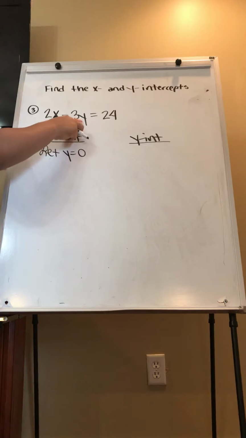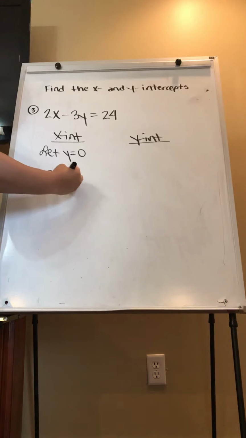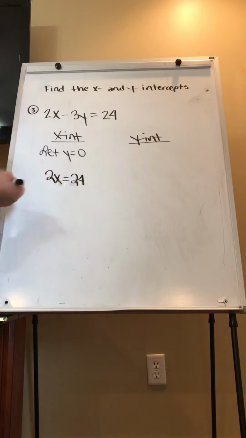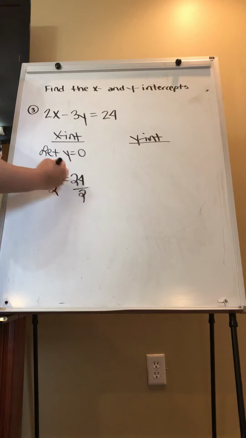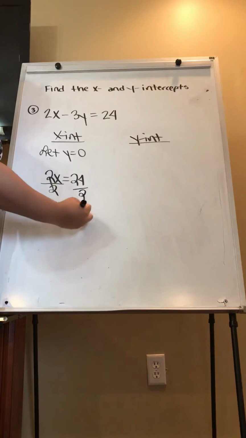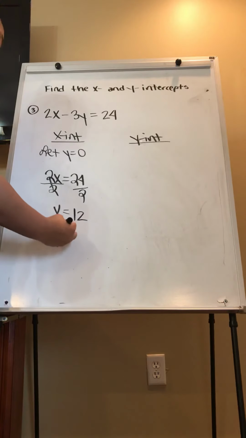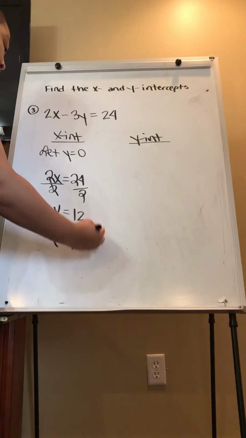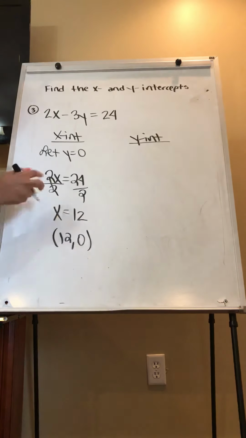If I let my y be 0, again, it's gone, and I have 2x equals 24. If I divide by 2, x equals 12. So write it as an ordered pair. That would be (12, 0). My x coordinate is 12. The y coordinate is 0.